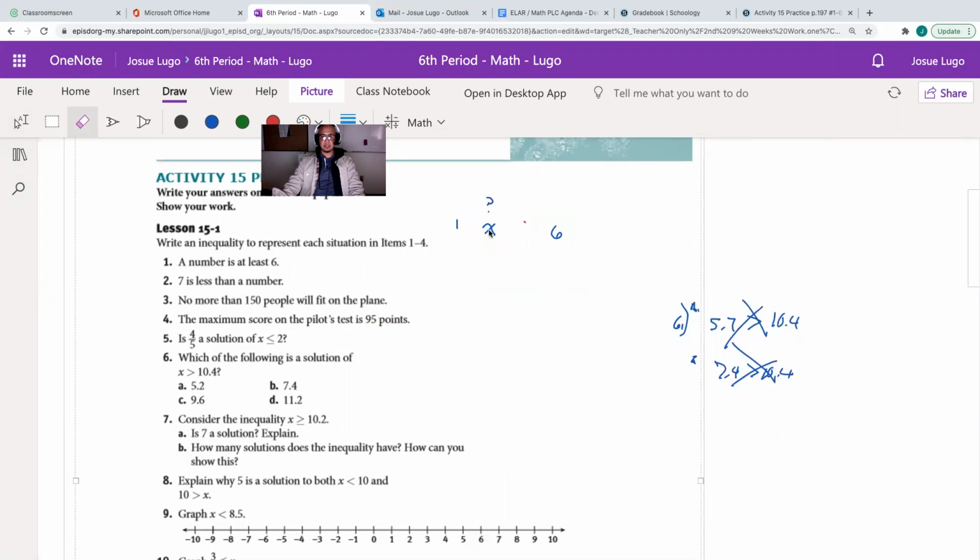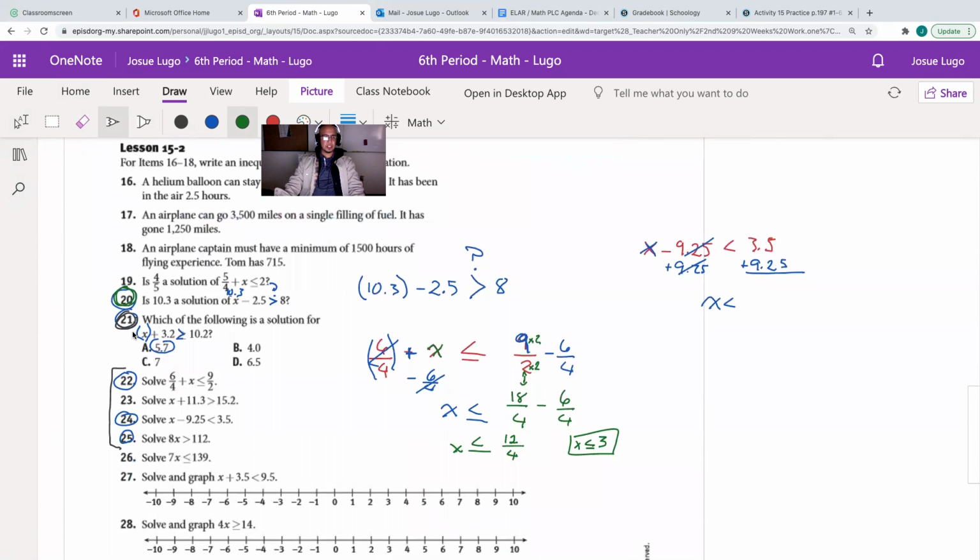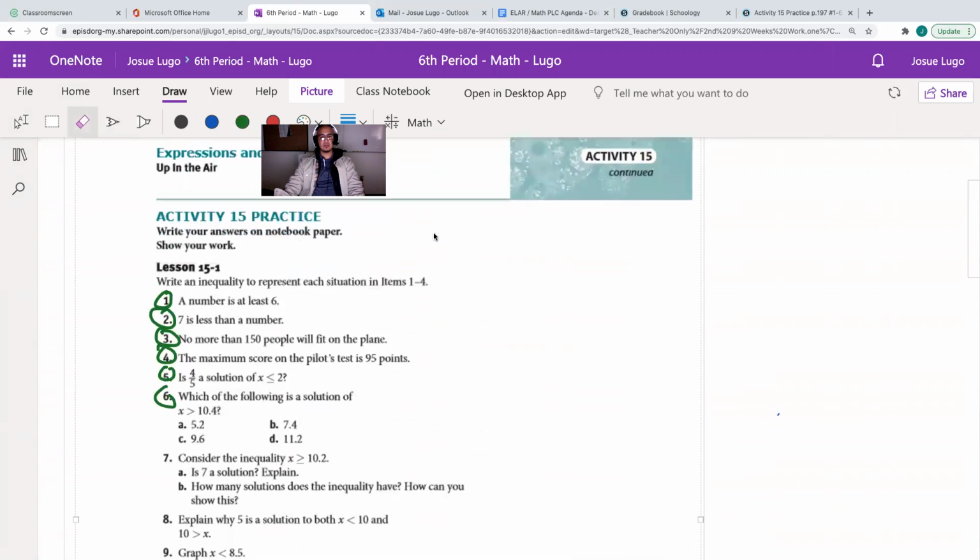Give me 1 second as I undo what we did in class. So again, we're going to be doing numbers 1 through 6, as well as numbers 20, 21, 22, 24, and 25, not 23. Actually, we're not doing 22 either. I did just take that one out. So 20, 21, 24, and 25.